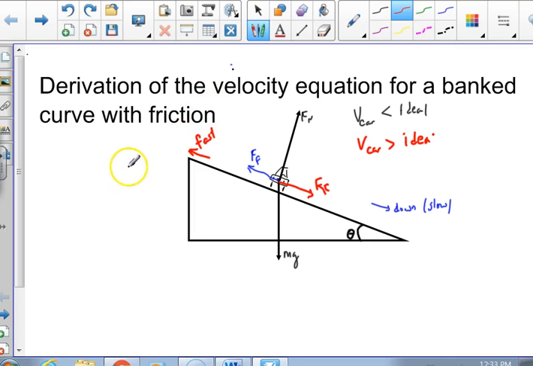So what that should give us is a V max, or how fast is fast enough to stay on the curve, and also a V min, which would be the minimum slow speed to keep from slipping off on the other side. So this gives us a range of velocities, and that range of velocities could be used, for instance, in calculating speed limits as an example.